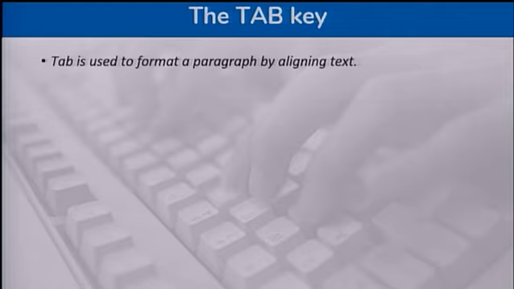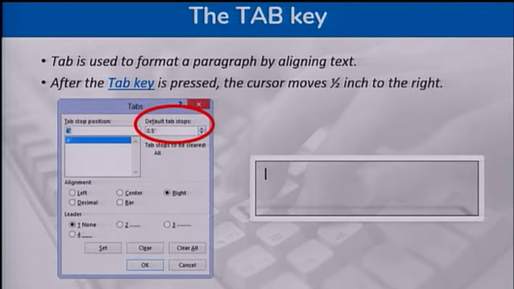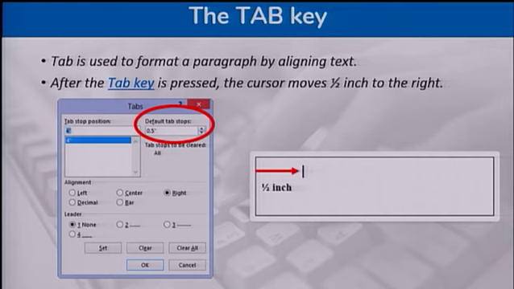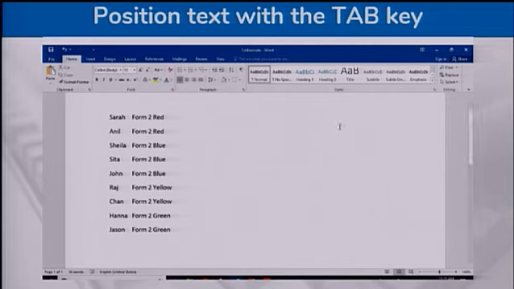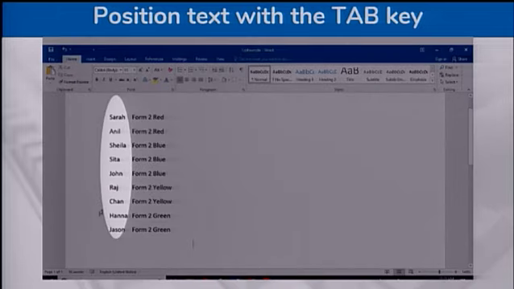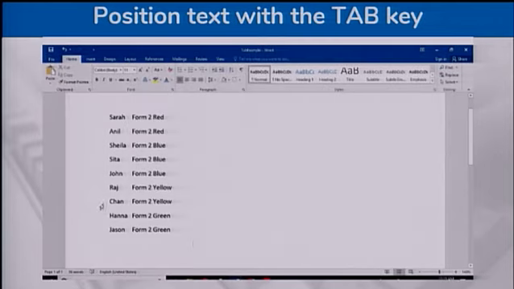Tab is used to format a paragraph by aligning text. After the Tab key is pressed, the cursor moves ½ inch to the right. Let's examine how to position text with the Tab key in a Word document. Suppose you have to create a list of students and group them according to their classes. One column is for the names of the students and another for the class.